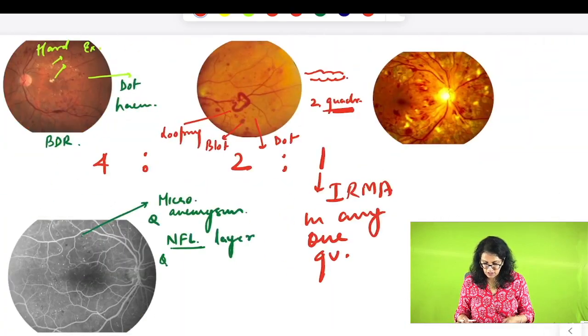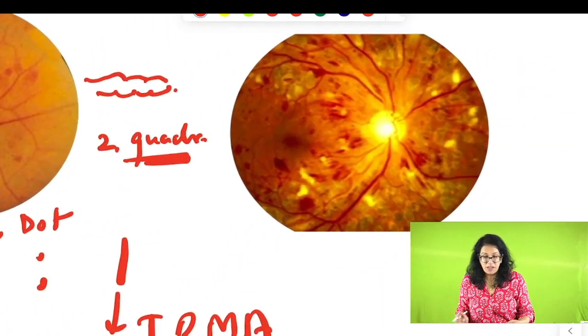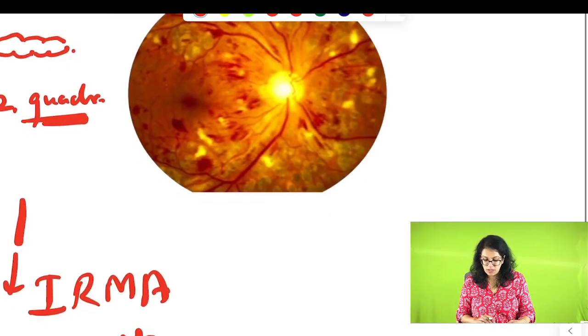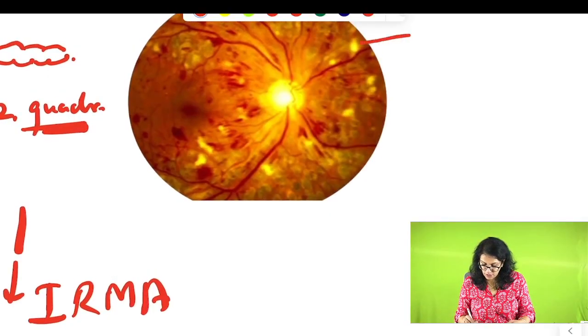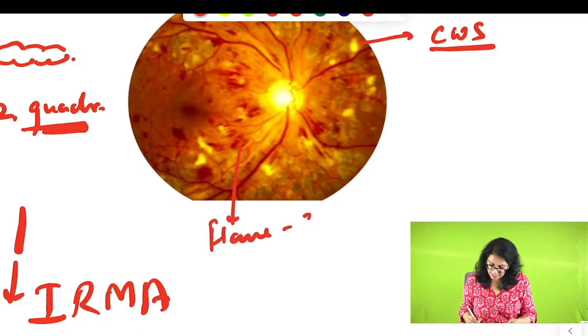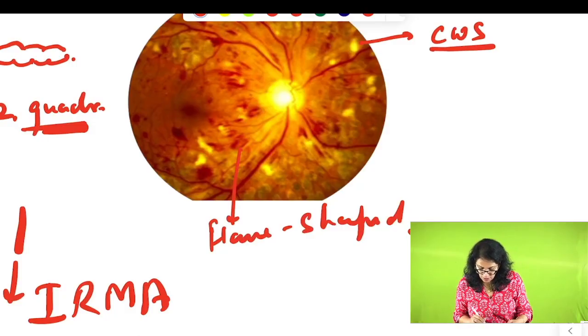We come back to the slides here. Now, what are you seeing here? If you look at this slide, compared to this one, there's a lot of cotton wool spots. These are what are called cotton wool spots. You all know these are axonal debris, they are dead axons, right? And then I can see a lot of flame-shaped hemorrhages. Then you can see the large blot hemorrhages, right? And some even old laser burns I can see.